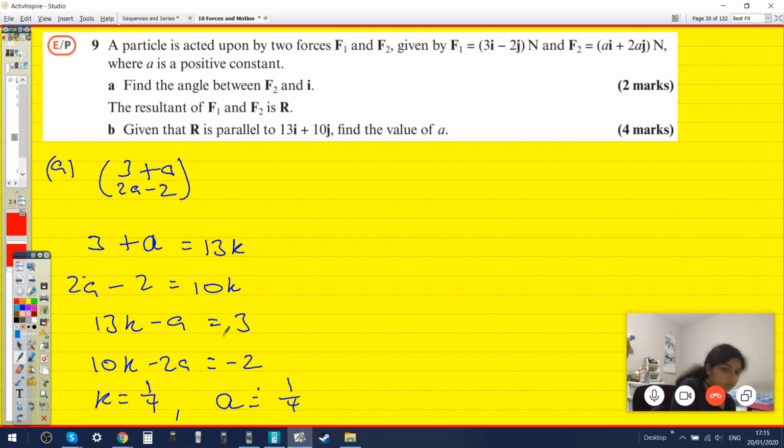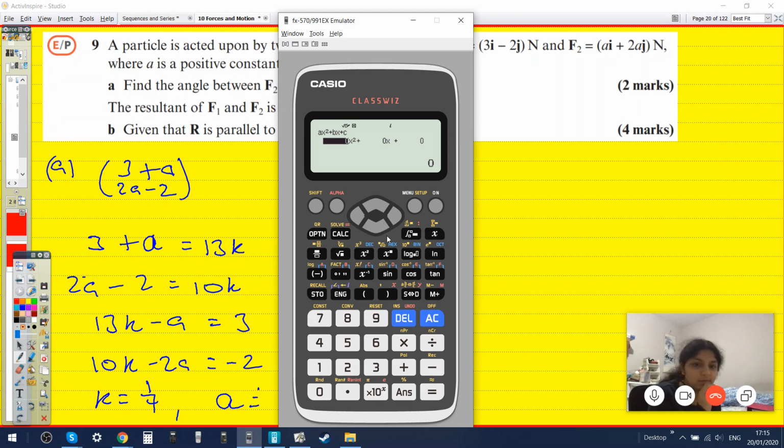No, no. Let me see this one. Is that wrong? They said it was something else. Oh, simultaneous equations. I can't solve simultaneous equations.